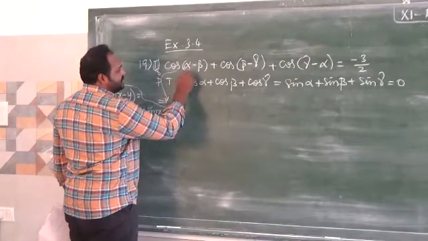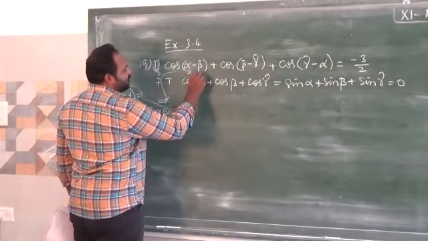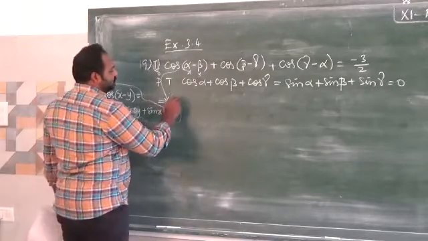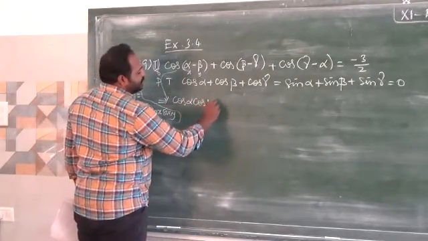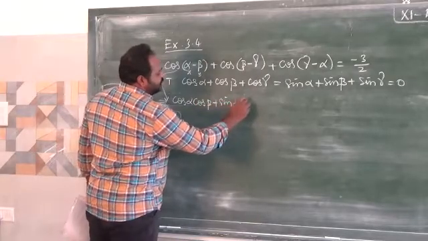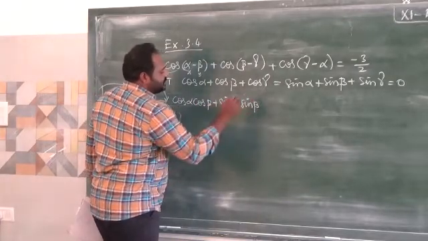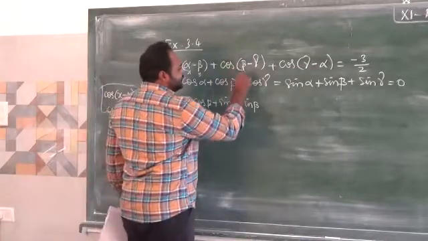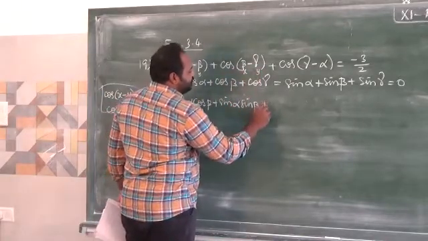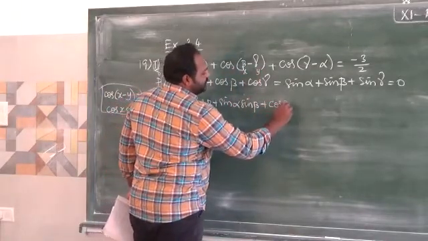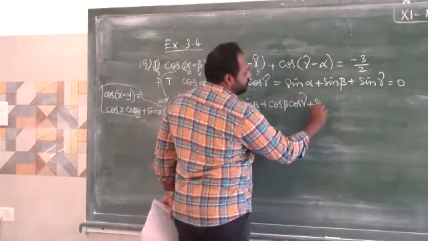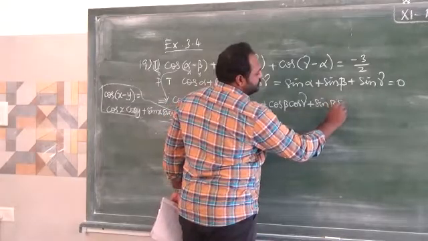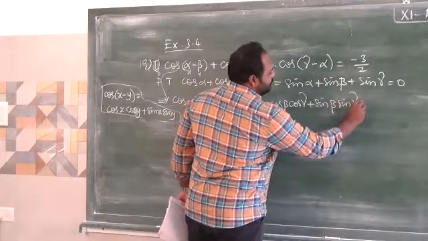Cos alpha minus beta, here we have to consider x as alpha, y as beta. So cos alpha cos beta plus sin alpha sin beta. This is the expansion of the first term. Second, here this is x, this is y: plus cos beta cos gamma plus sin beta sin gamma plus.